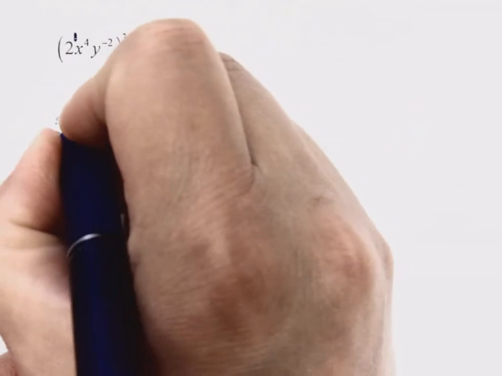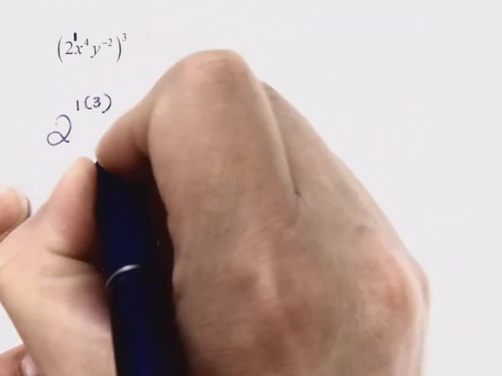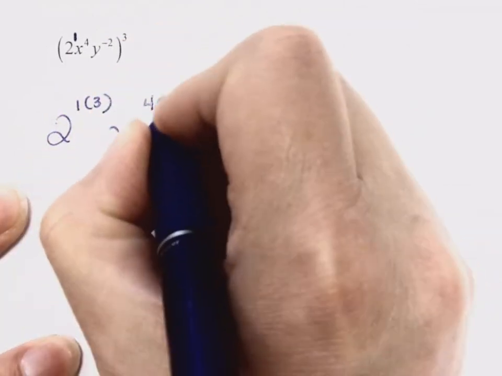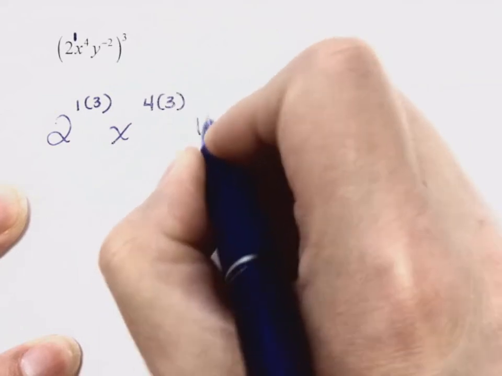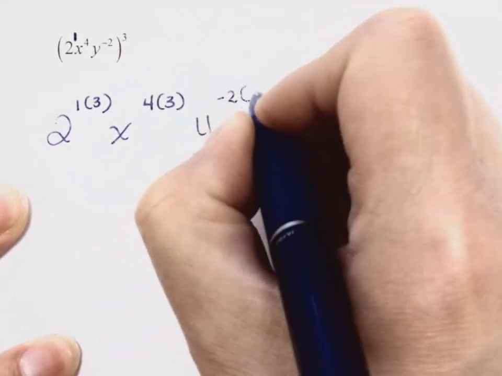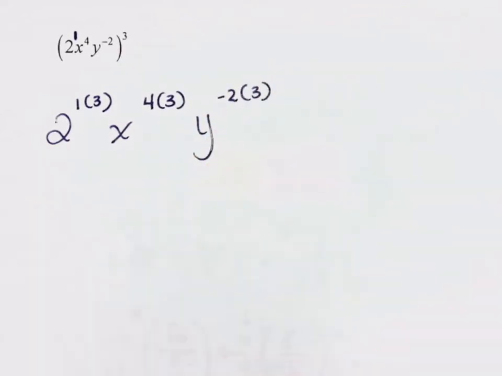The invisible 1. A lot of people forget that they have to apply the exponent to the coefficient. So this is going to be 2 to the 1 times 3, x to the 4 times 3, y to the negative 2 times 3.